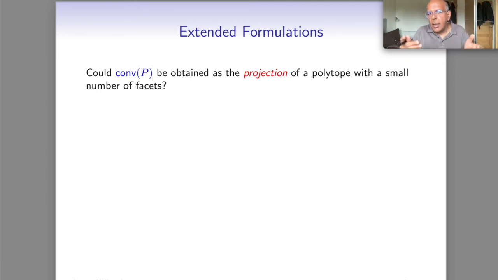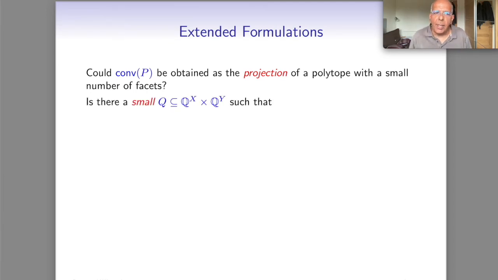So try and do this just in 3 dimensions. Think of a 3-dimensional polyhedron whose shadow, the shadow it casts in 2 dimensions, has a number of edges which is more than the number of faces of the polyhedron. Okay. That's an exercise.